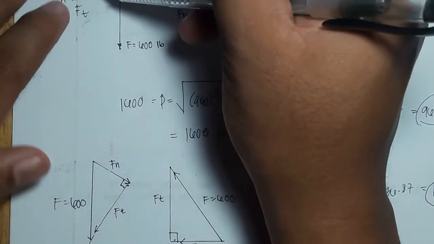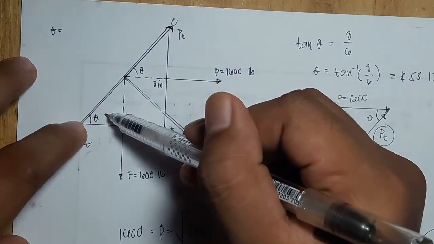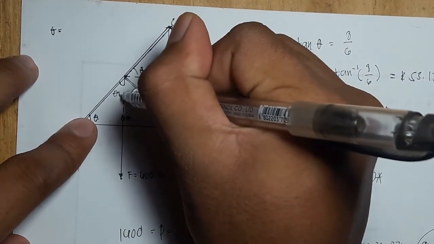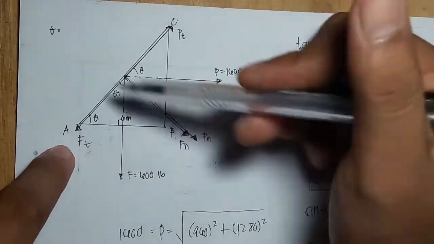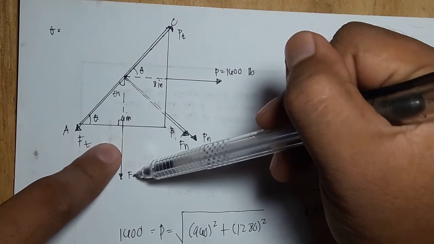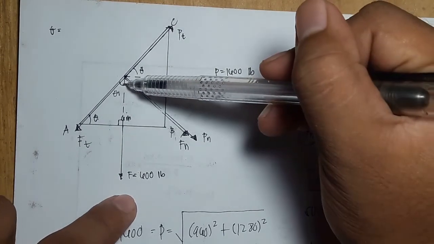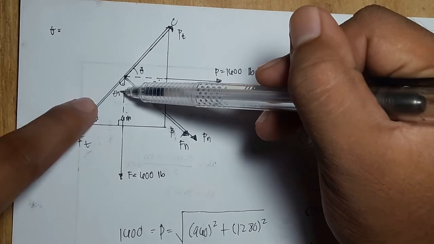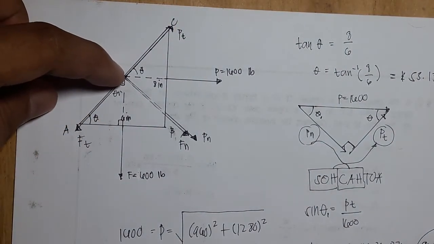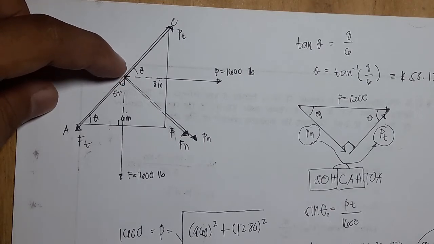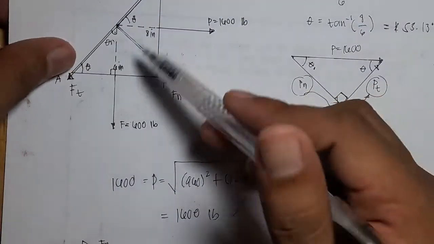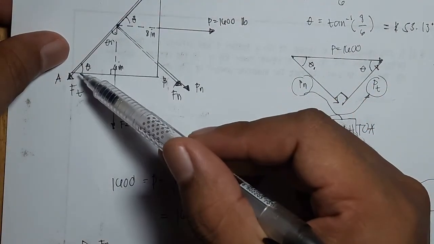So if this is the theta, this would be theta 1, and this is 90. So the angle between F and FT is theta 1.